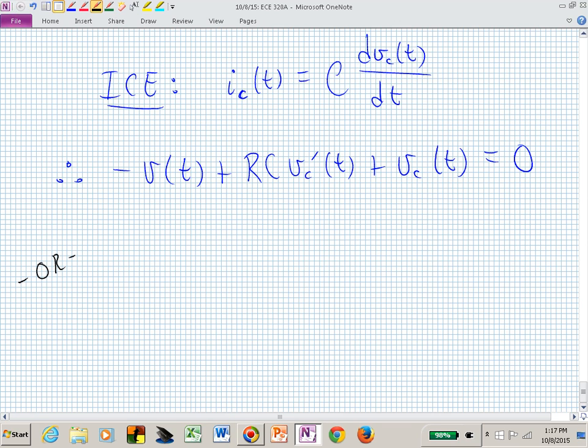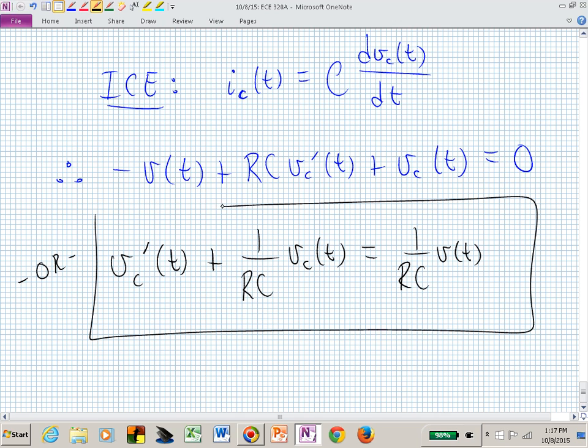We might make this monic by dividing everything by RC, and we end up with V sub c prime of t plus 1 over RC V sub c of t, and I'm going to add V to both sides, and I'm still dividing everything by RC. This might be a more standard form for the equation that governs the dynamic behavior of that circuit.